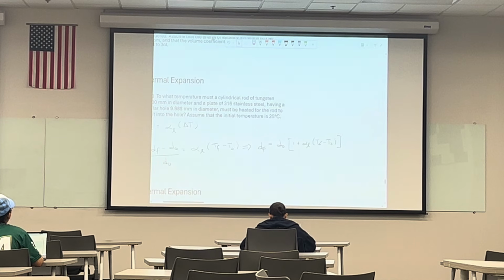From table 19.1, the alpha L for the steel should be this, and the alpha L for the tungsten should be this value here.